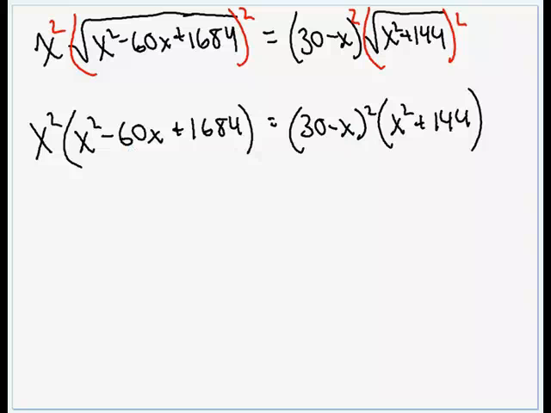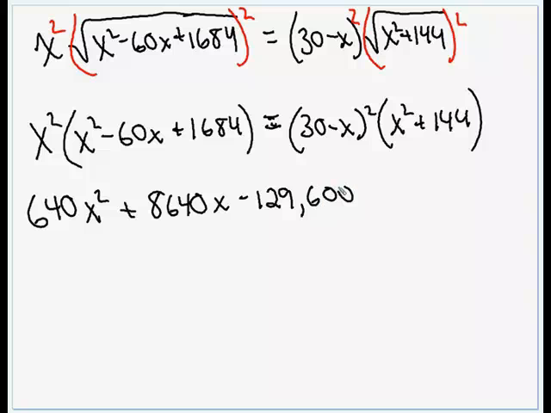Now if we distribute the x squared, if we FOIL out this 30 minus x quantity squared and distribute it throughout this x squared plus 144, we're going to get some big polynomials on each side, and then we'll get everything on one side to condense it. For the sake of time, I'll get this all FOILed out and simplified down. We're going to wind up with 640x squared plus 8,640x minus 129,600, and that's now equal to 0.